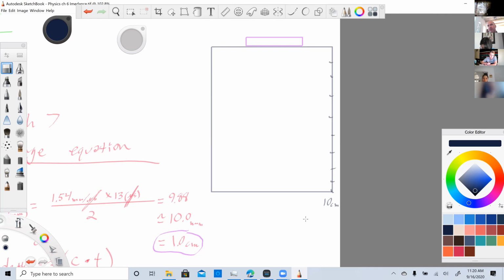Just because your screen ends at 10 centimeters doesn't mean the body ended at 10 centimeters. So theoretically, we should be waiting, let's see, 15 times 13, 195 microseconds. Let's say 200 microseconds.